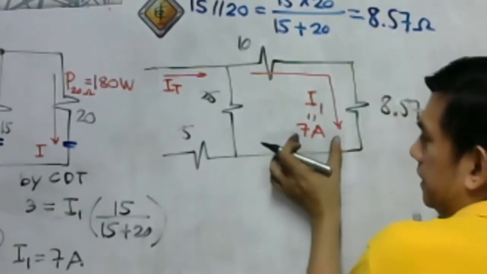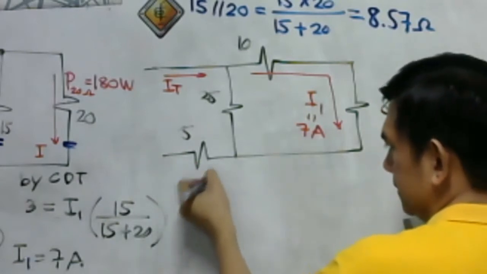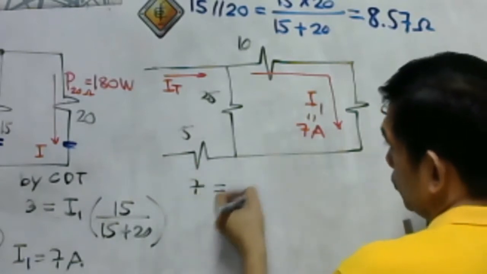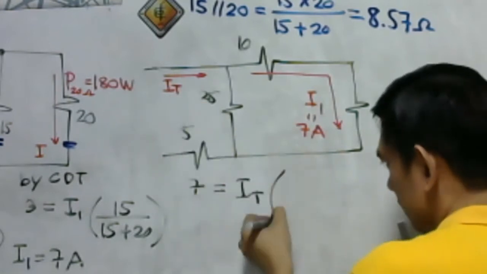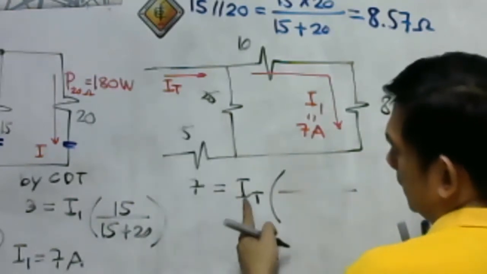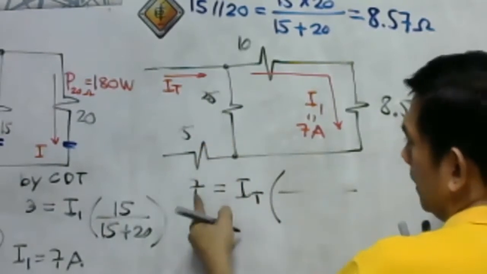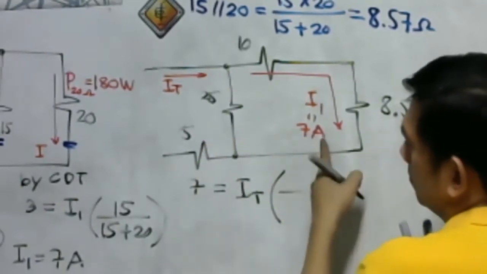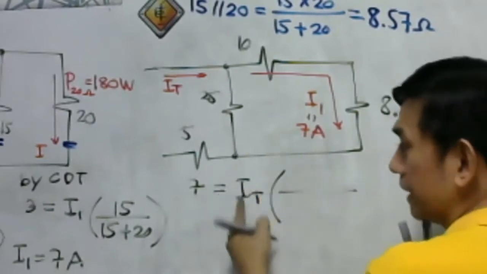So, listen carefully, please. Our 7 amperes is equal to what? I total multiplied by, okay, I total, that is the resultant current here because this is the node. We have here 7. That's equal to the resultant current.